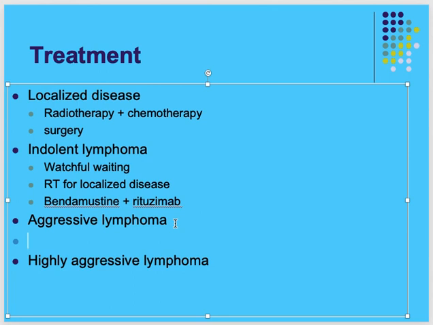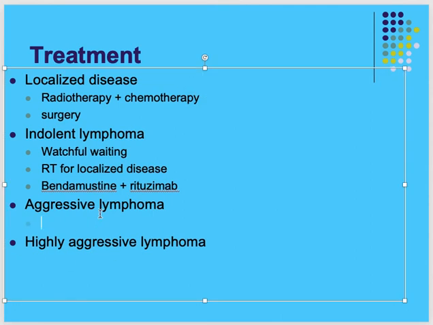Aggressive disease can be treated by a combination of radiotherapy as well as chemotherapy. The combination chemotherapy, or CHOP therapy, is the mainstay of treatment. Nowadays they add one more drug with CHOP, rituximab, which is again a monoclonal antibody.